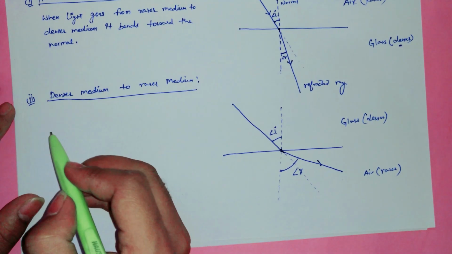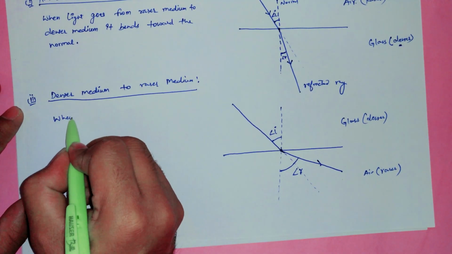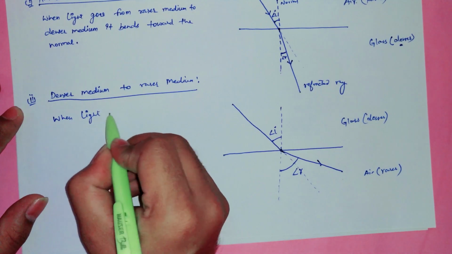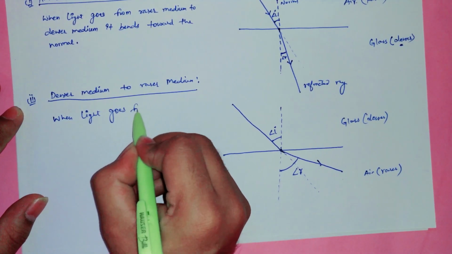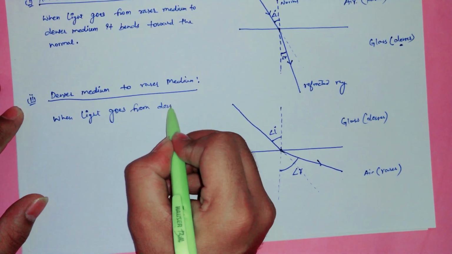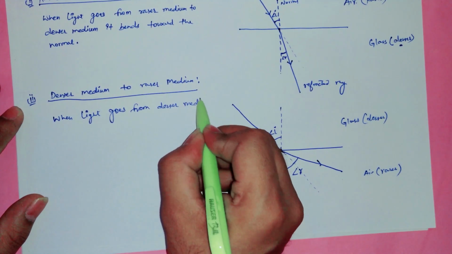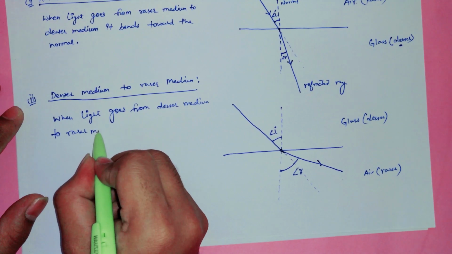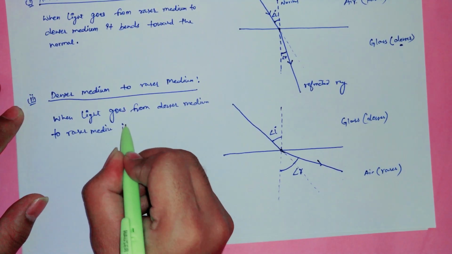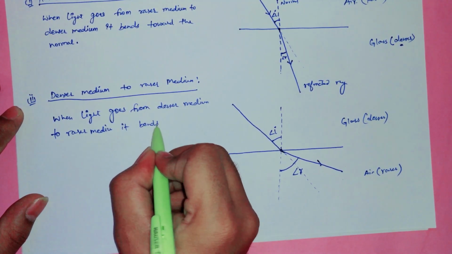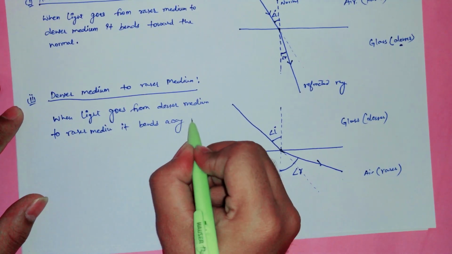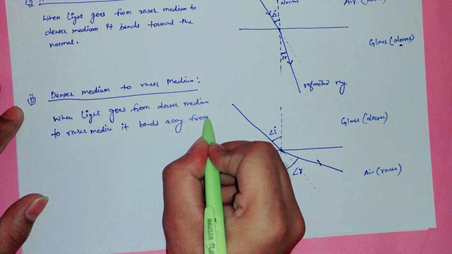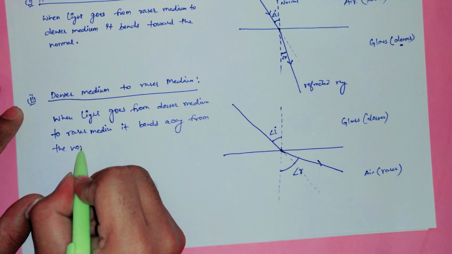So when light goes from denser medium to rarer medium, it bends away from the normal. ठीक है?